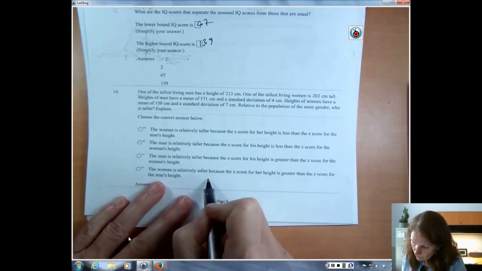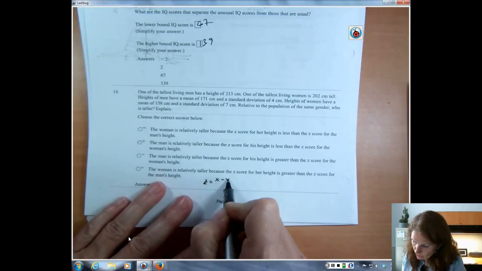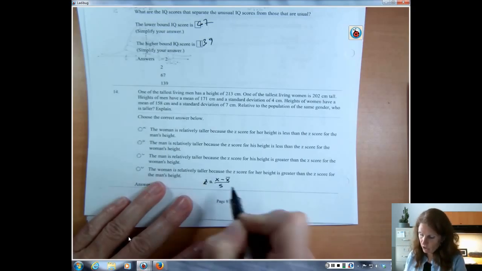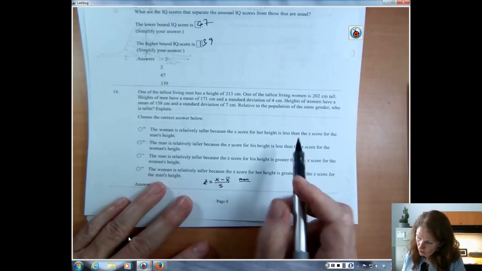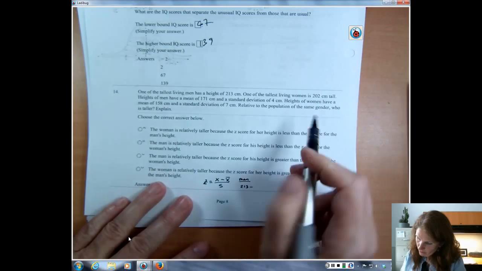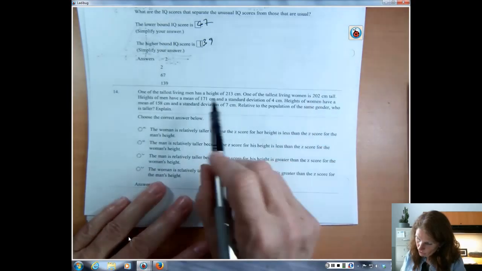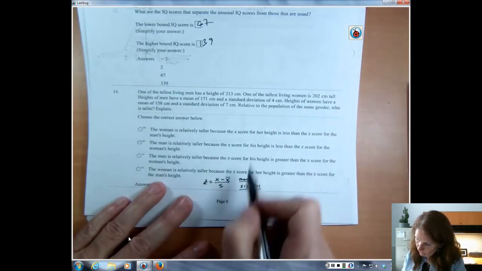What we're going to do to find their z-score is to take their height minus the average and then divide by the standard deviation. So for the man, he was 213 minus the average 171 divided by the standard deviation of 4.